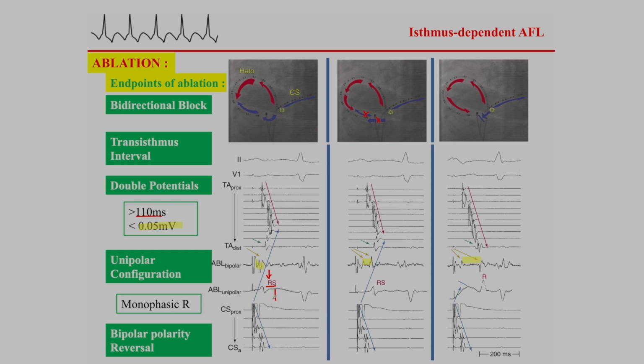So once a complete block is achieved, the morphology changes to a single positive deflection, a monophasic R wave, because the recording site becomes a dead end for impulse conduction. So we have no propagation of the impulse here, it stops here, so we have just a positive deflection.